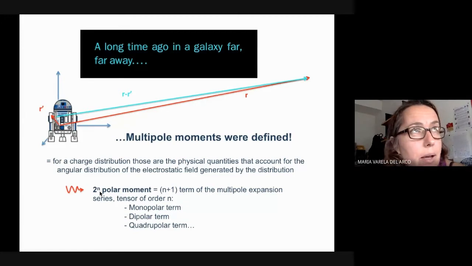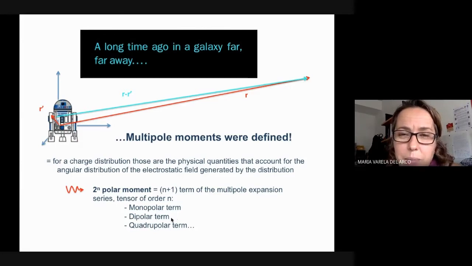You can already, if you remember, the monopolar term, well, of course you remember this. The potential of a point charge goes like 1 over the distance, but then the dipolar term that maybe you studied last year, we will see that goes like 1 over the distance squared. So it's already smaller than the first one when r goes to infinity.